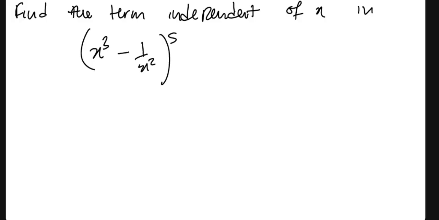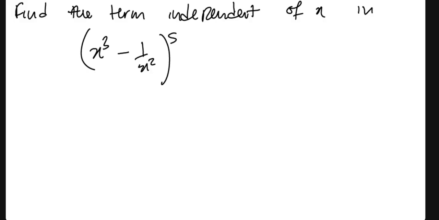So when we're talking about something that has no x, what could be the power of x for it not to be there? 0. Yes, Emma? It will be 0. 0, very good. So we seek to find an i that causes the power to be 0.